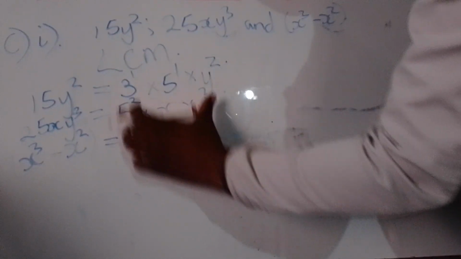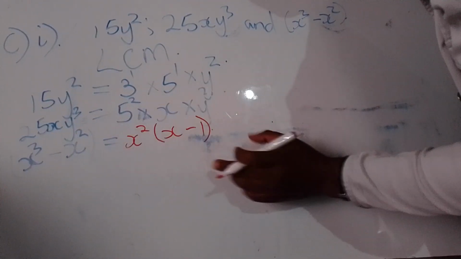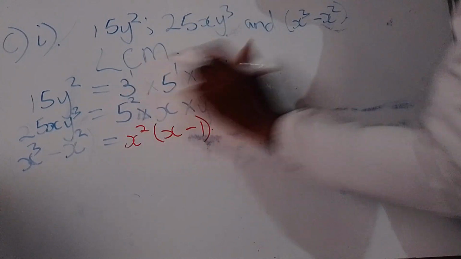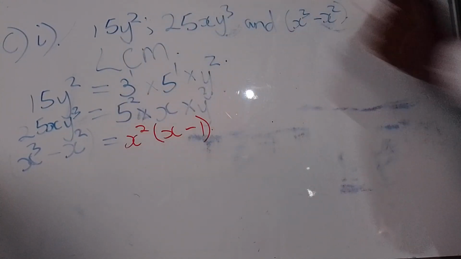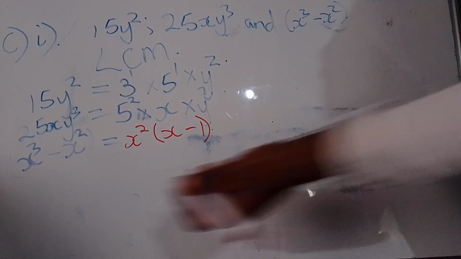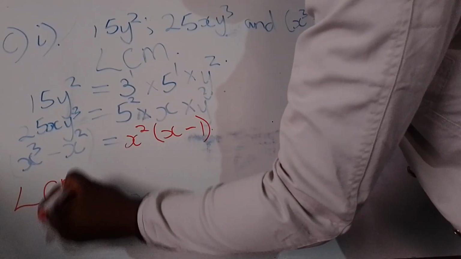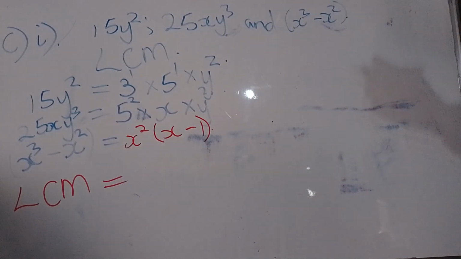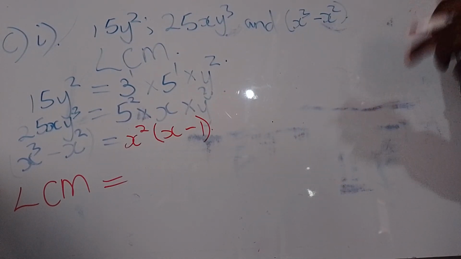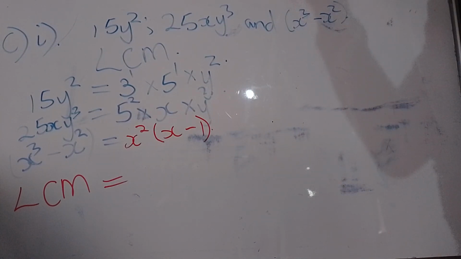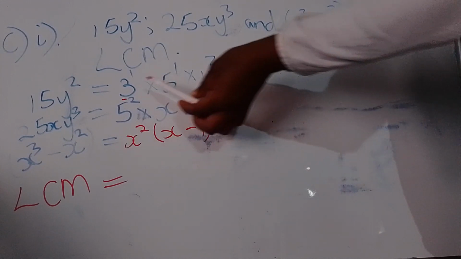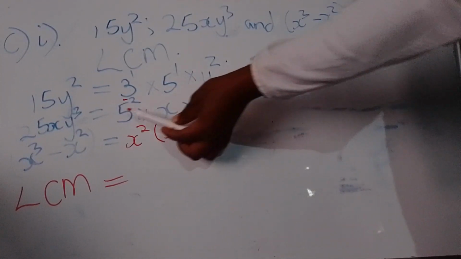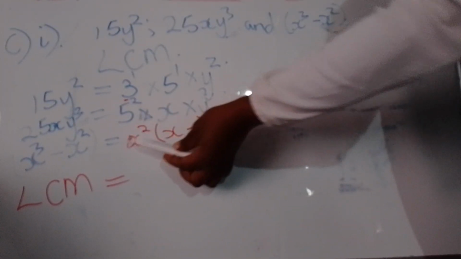So we have expressed those three as products of their factors in index form. For the lowest common multiple, we are going to collect every term, but we are going to collect where it has the highest power. So for example, we have our 3 there. We search for any 3 there.